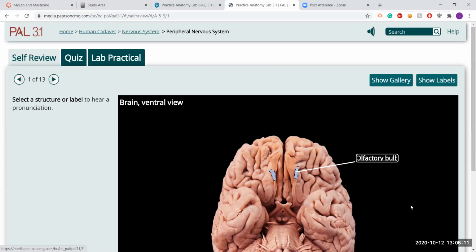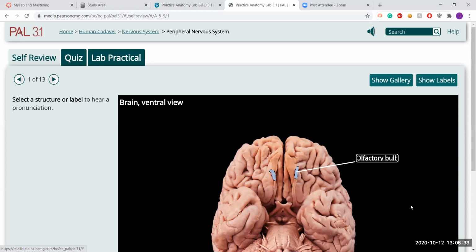Therefore, the autonomic nervous system controls only three kinds of tissues or organs. They are smooth muscle, glands, and the cardiac muscle.